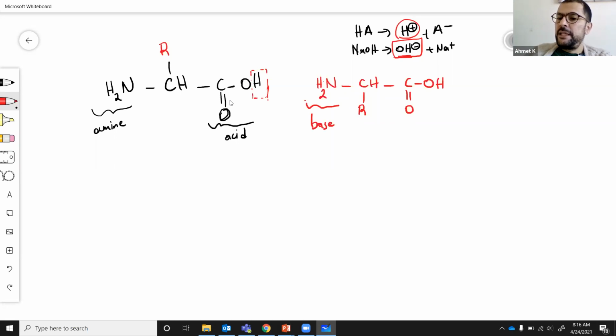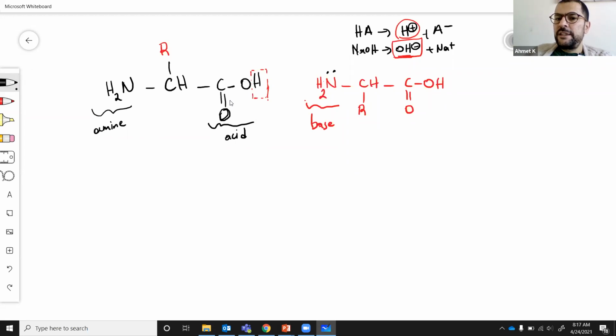Because the NH2 doesn't give up OH minuses. So the other definition of acid and bases is Lewis acid and Lewis base. So what is Lewis acid and Lewis base? In that case, if the acid is donating H pluses, the base is accepting it. Make sense?